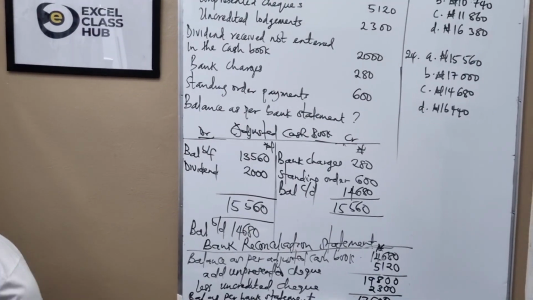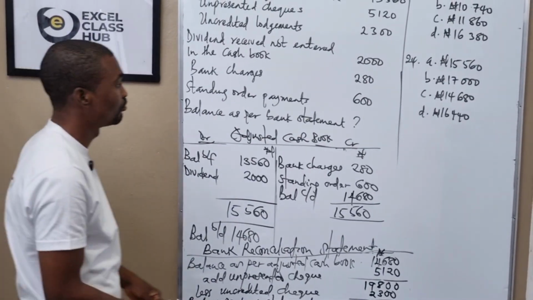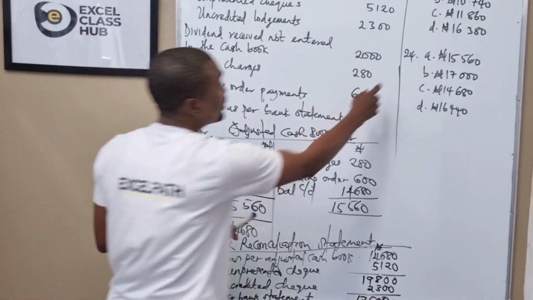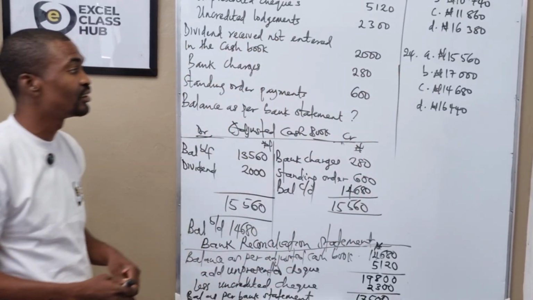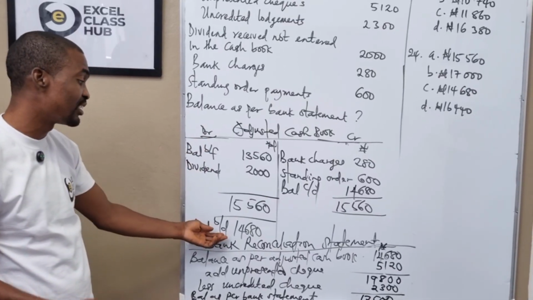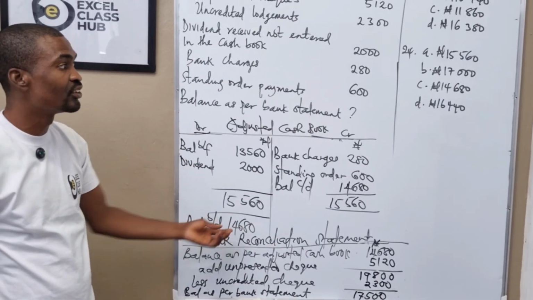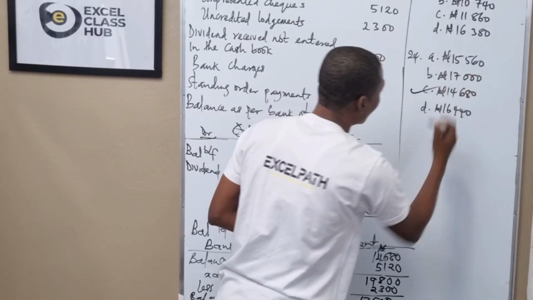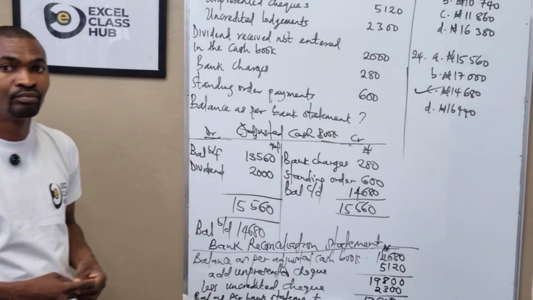Now the second question, question 24: what is the adjusted cash book balance? Of course, we have already seen the adjusted cash book balance here to be 14,680. So our correct option is Option C.